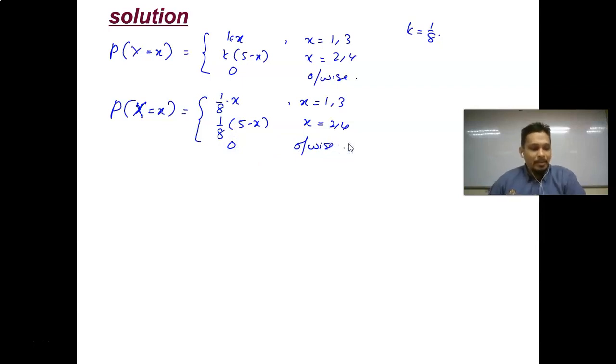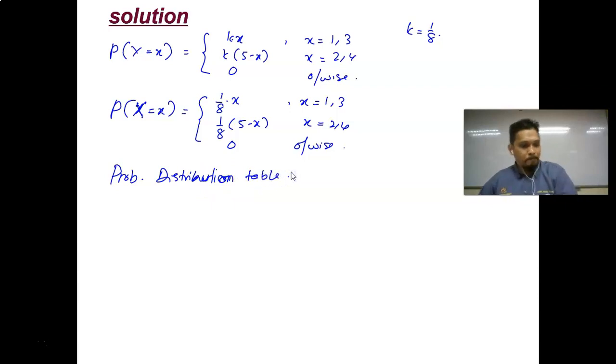Okay, so now we write all this in a table form. We show this in what we call a probability distribution table.